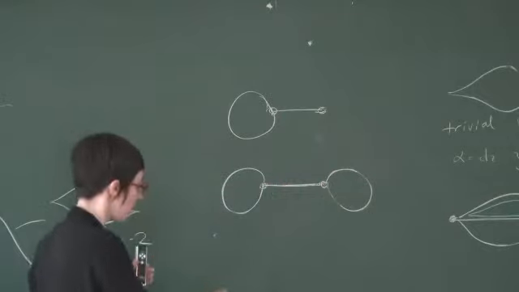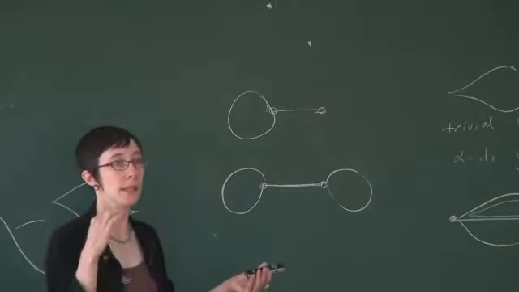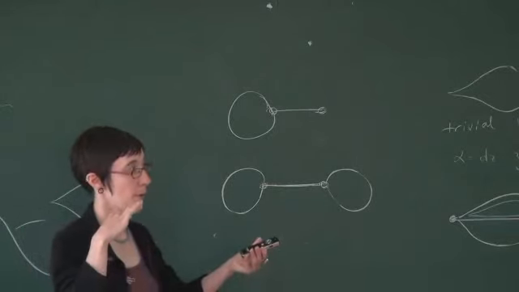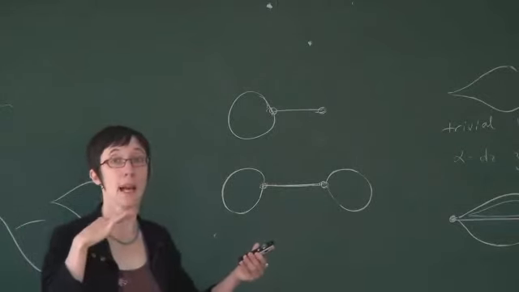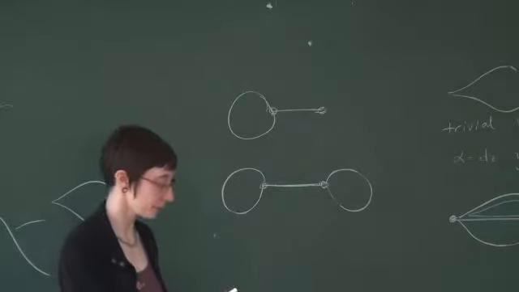And we're working with what we're calling topologically planar graphs, which means that if you're allowed to move it by ambient isotopy, you will be able to embed it in the plane.